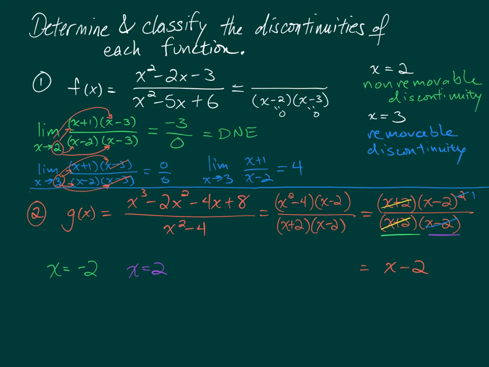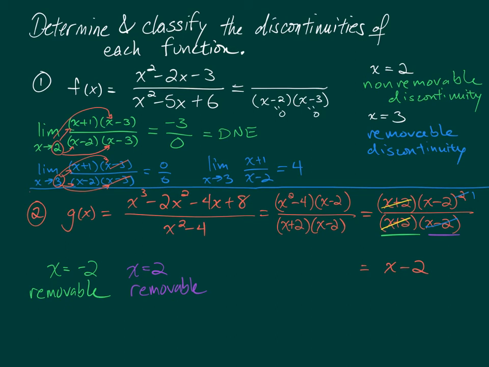That factor disappeared when we simplified, which means x equals negative 2 is a removable discontinuity. The other factor, x minus 2 in the denominator, also reduced away, which means x equals 2 is a removable discontinuity as well.